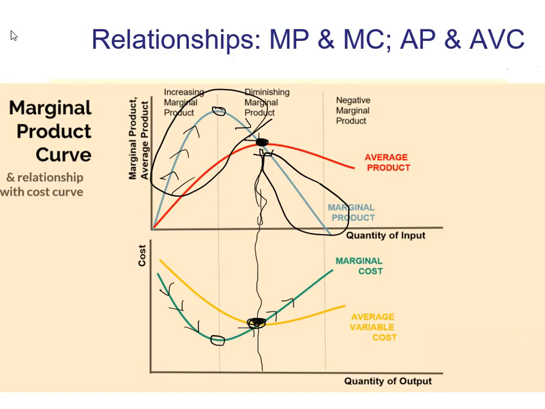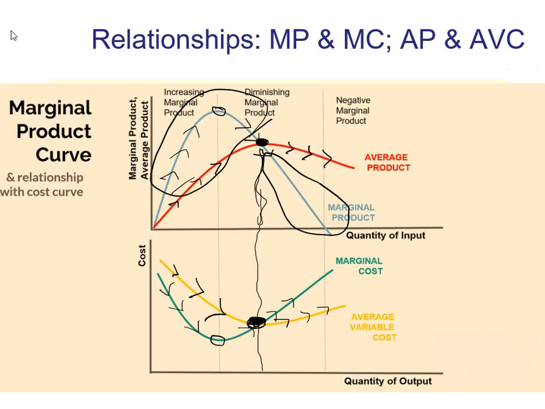So this will always happen as well. Where your average productivity is maximized, your average variable costs are minimized. When your average productivity is rising, your average variable cost will be falling. And where your average productivity after this maximum point is declining, your average variable costs are on their way up.